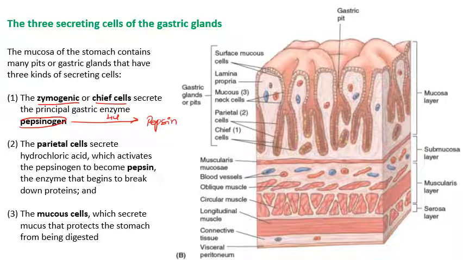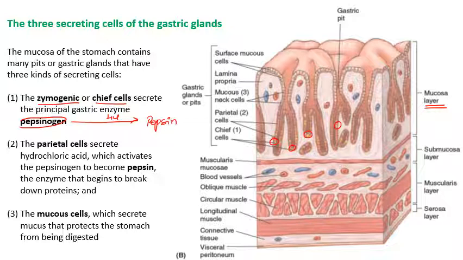You can see the chief cells here, the yellow ones. The zymogenic chief cell is present in the mucosa layer of the stomach.